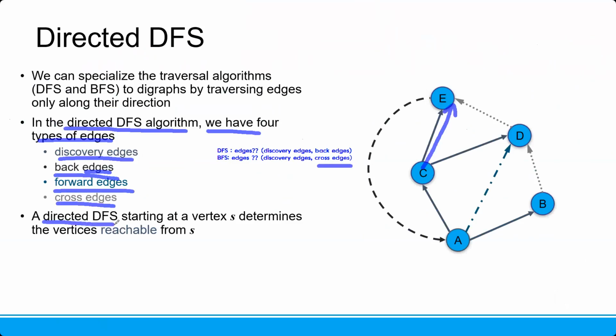So directed DFS starting at a vertex S means the vertices reachable from S. Okay, the keyword is reachable.